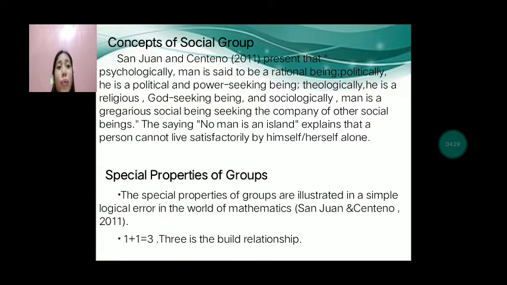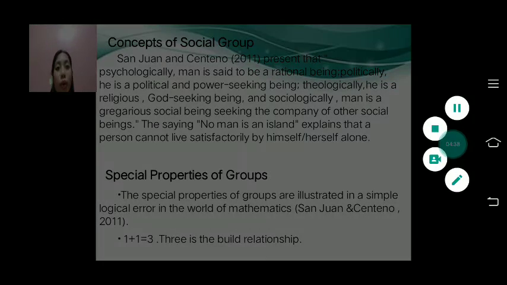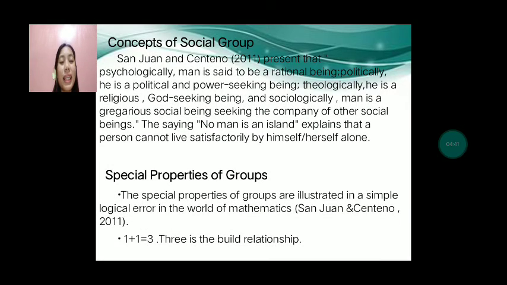The saying "no man is an island" explains that a person cannot live satisfactorily by himself or herself alone. It means that a certain person cannot live without a partner. His or her satisfaction of needs and wants, as well as happiness, depends to a large degree upon his or her association with other people.